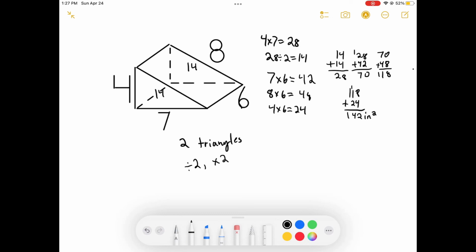Let's say you have 5 and you multiply it by 2, that equals 10. Divided by 2 equals 5. So it'll always equal the same thing you started with if you divide by 2 and then multiply by 2. So the surface area of this triangular prism is 142 inches squared.